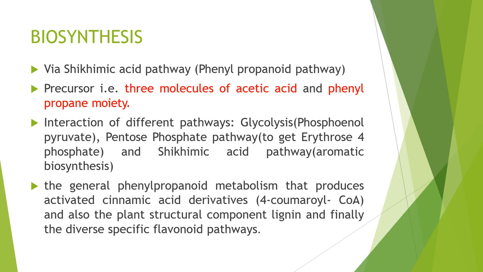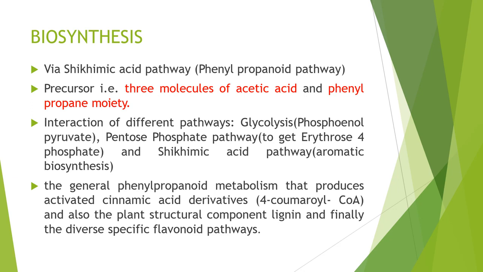Then interaction with the different pathways, phosphoenol pyruvate and pentose phosphate pathway to get erythrose 4-phosphate, and the shikimic acid pathway, aromatic biosynthesis. Already we discussed the shikimic acid pathway, with its different steps.